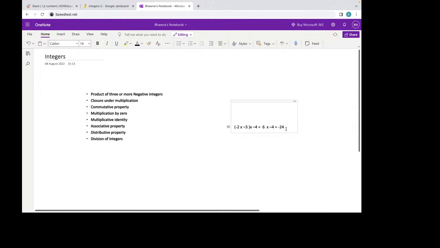So I got -24. Overall, what I have figured out is that when I multiplied 3 negative integers, I got a negative integer.